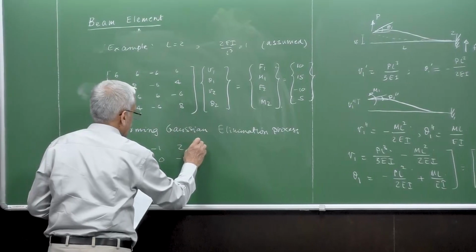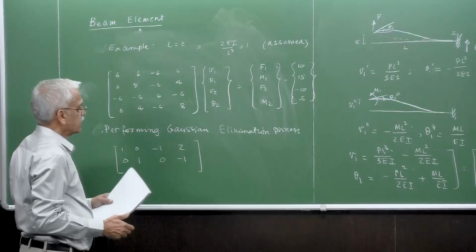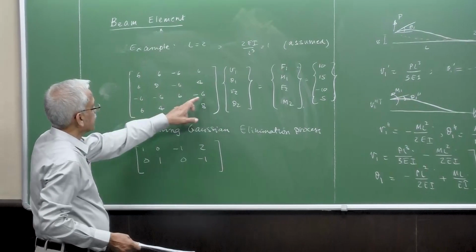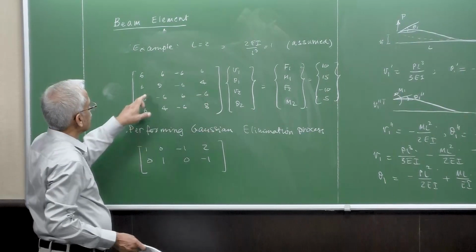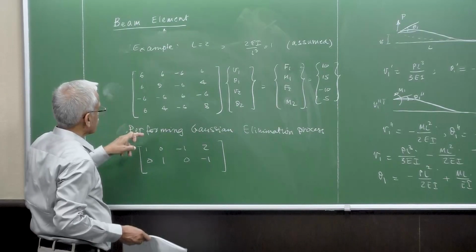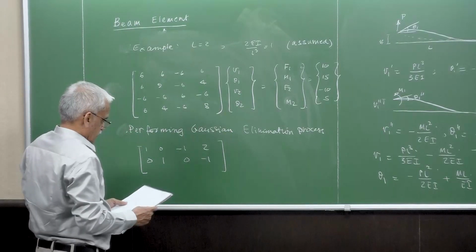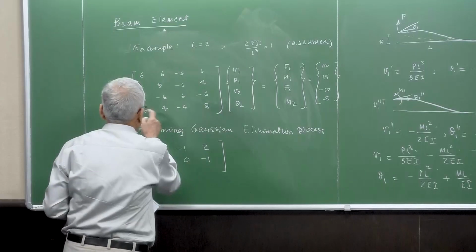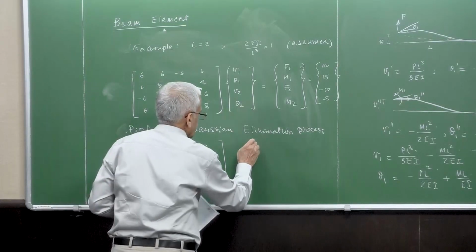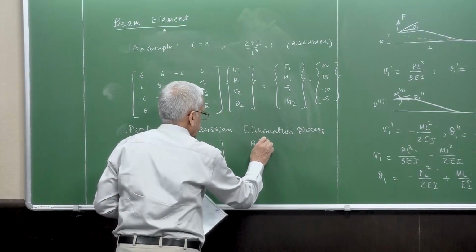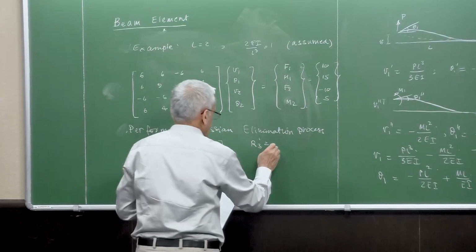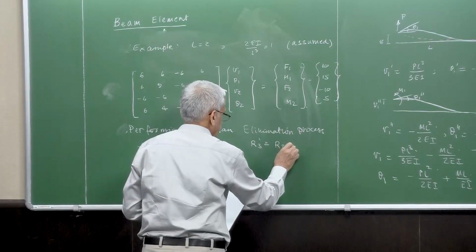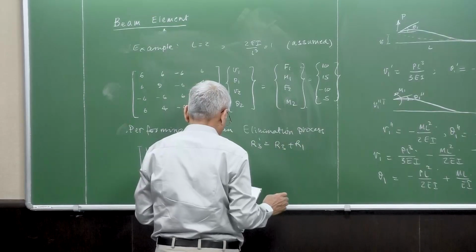So what is it that I've done here? The third row you can very easily see, you can eliminate by doing this one. Here, R3 prime is nothing but R3 plus R1.